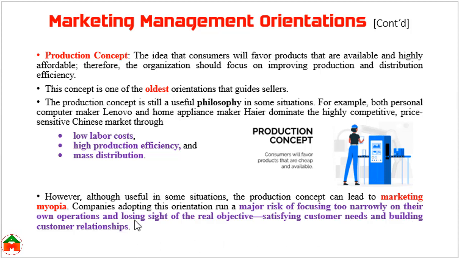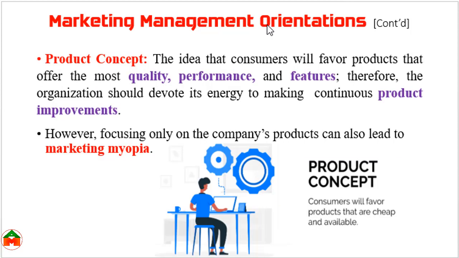But as a marketing manager, if you only focus on production issues like lowering the labor cost or production cost, high production efficiency and mass distribution, you will fail to focus on customer satisfaction or building customer relationships. The second concept, the product concept.